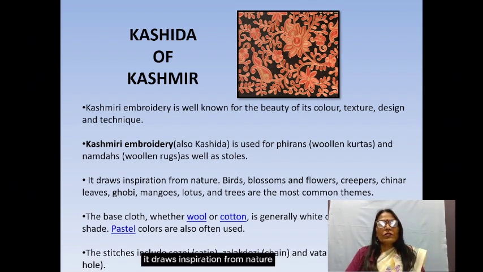It draws inspiration from nature: birds, blossoms, and flowers, creepers, chinars, leaves, gobi, mangoes, lotus, and trees are the most common themes. The base cloth, whether wool or cotton, is generally white or cream or a similar shade. Pastel colors are also often used. The stitches include satin, chain, and buttonhole.